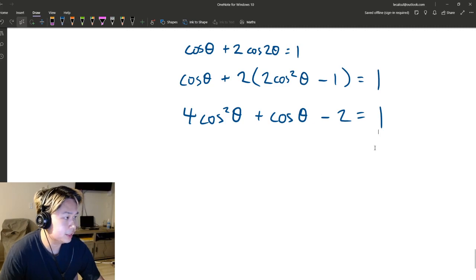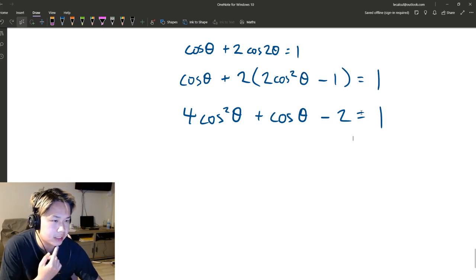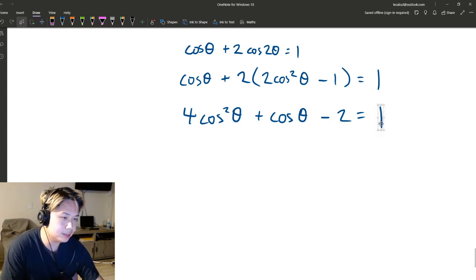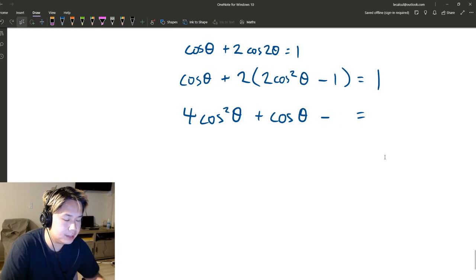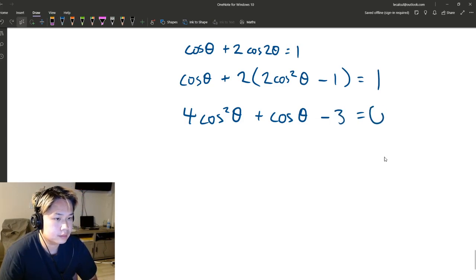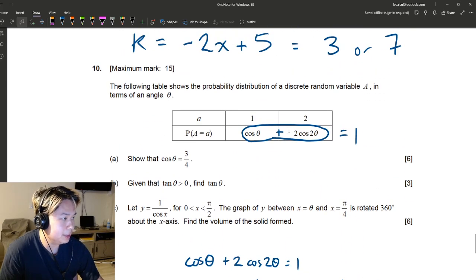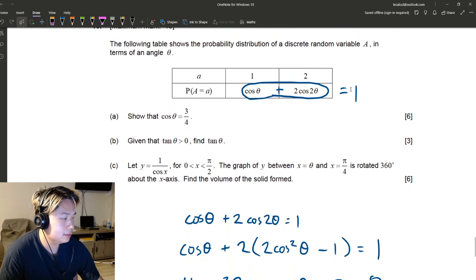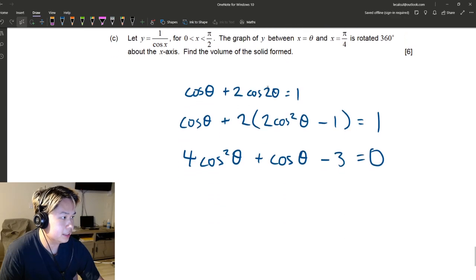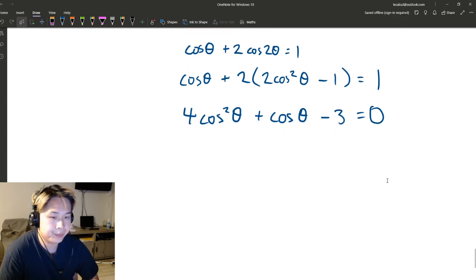And then if we just bring the 1 over, or actually let's bring the 2 over. Should we? No, we gotta bring the 1 over. We bring the 1 over, so this becomes 3 equals 0. And then now we switch from probability, knowing that this equals 1, to trigonometry using double angle identities, and now we switch to quadratics, because this is a quadratic for cosine that we're trying to solve for.